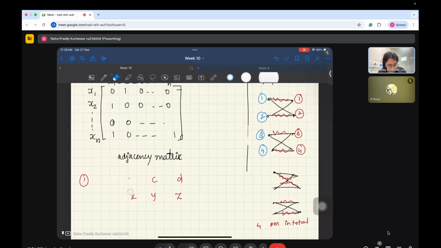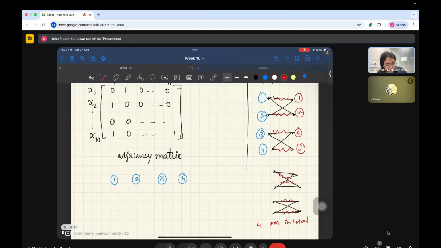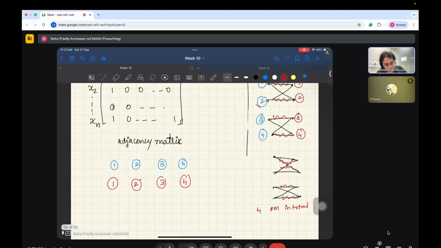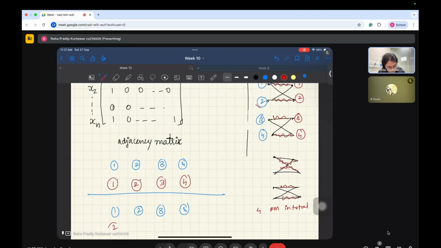So what are the perfect matchings that we have? The first one would be that blue 1 is matched to red 1, blue 2 is matched to red 2, 3 is matched to 3, and 4 is matched to 4. The second would be that 1 goes to 2, 2 goes to 1, 3 goes to 3, and 4 goes to 4.